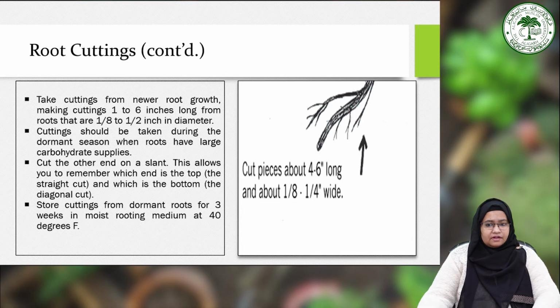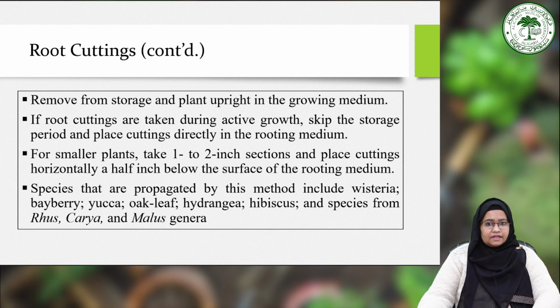Store cuttings from dormant roots for 3 weeks in moist rooting medium at 40° Fahrenheit. Then remove from storage and plant upright in the growing media. If root cuttings are taken during active growth, skip the storage period and place cuttings directly in the rooting medium.